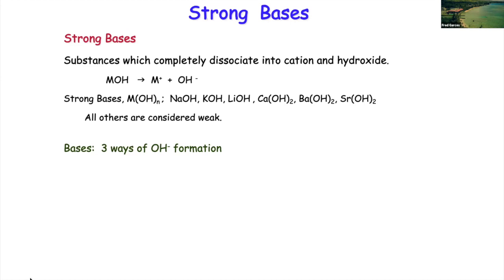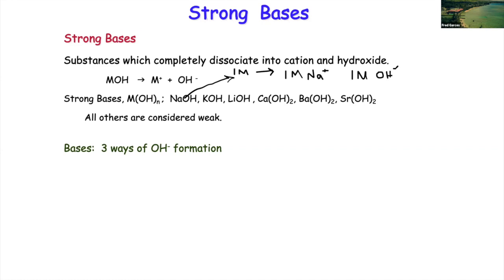So if you take this chemical right here, and this is a strong base, and you put it in water, and you've got, say, 1 molar, because we're dealing with solution chemistry, then when it dissociates, it's going to give you a 1 molar sodium ion and also a 1 molar hydroxide ion.